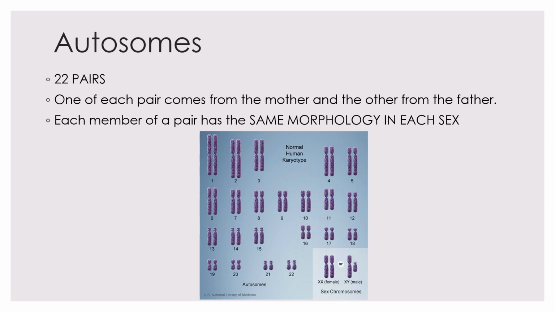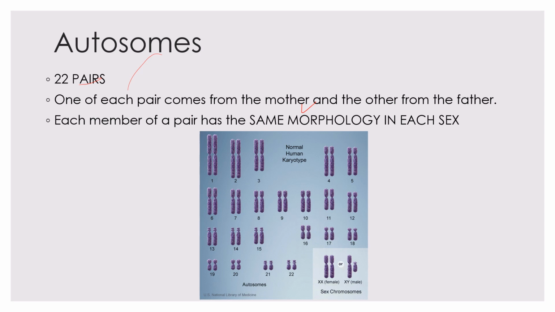Now, these chromosomes, 1 to 22, are called autosomes. Okay, both the chromosomes that I have here, the chromosome 1, chromosome 1, both chromosome 1s are alike in morphology.